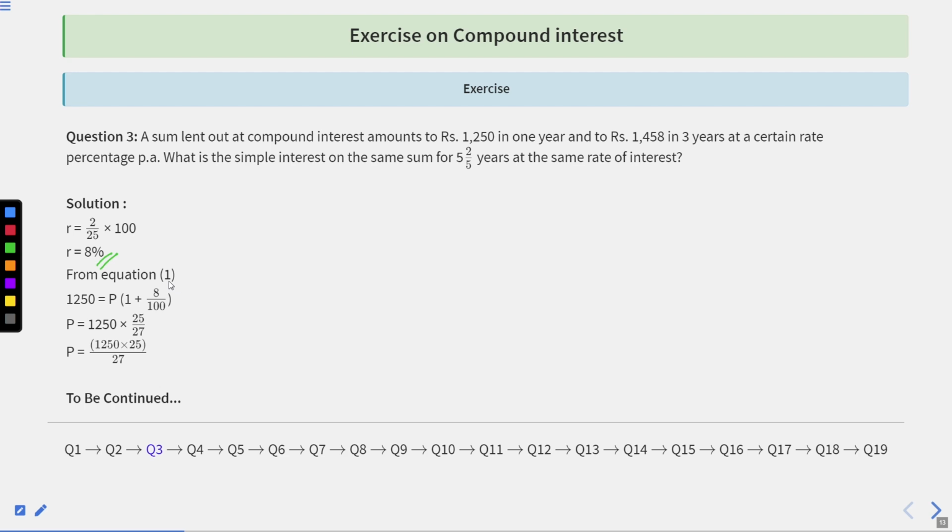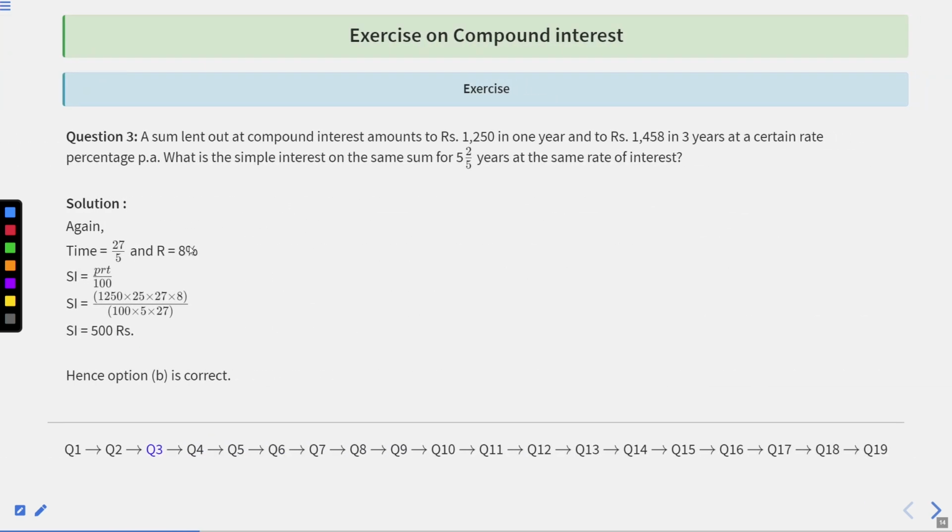From equation 1, we can obtain the value of p now by putting the value of r. So 1250 is equal to p times of 1 plus 8 upon 100. So p will be equal to 1250 times of 25 upon 27.